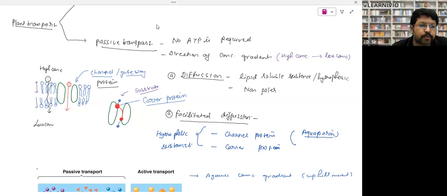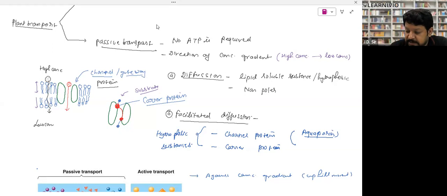This is a passive process where expenditure of ATP is not required.